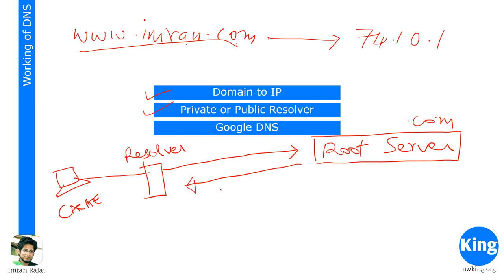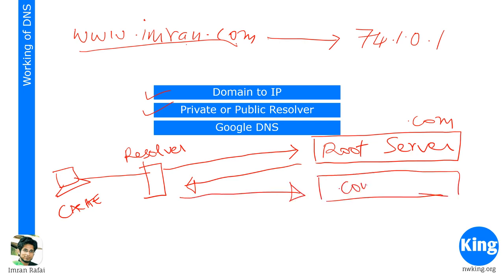It will give you that IP address for the TLD server. Then the resolver will contact the TLD server. This is the .com TLD. It says, I don't know where imran.com is, but I know the authoritative name server for imran.com, and it would send that here.